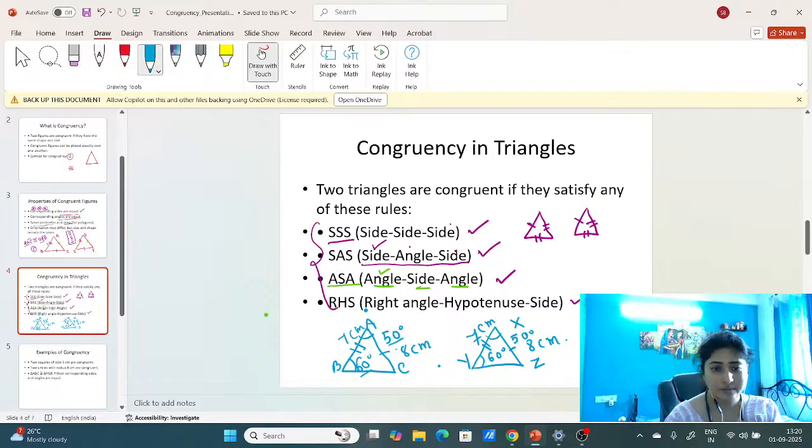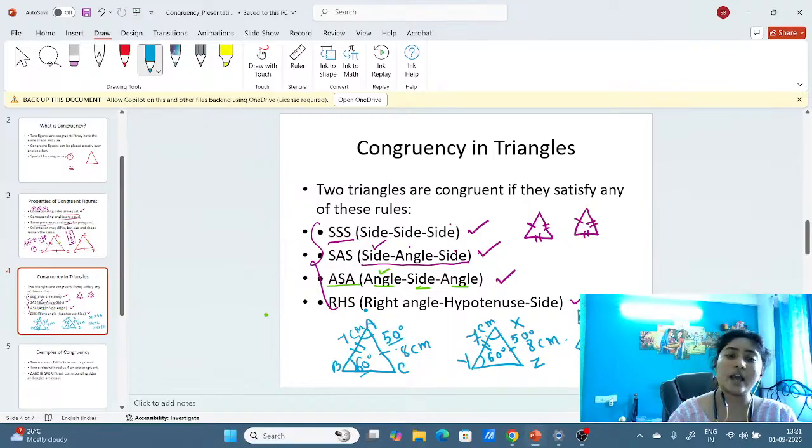You can observe that angle X is equal to angle A, angle B is equal to angle Y, and side XY is equal to side AB. So they are satisfying ASA criteria. So by ASA, triangle ABC is congruent to triangle XYZ. Correct?